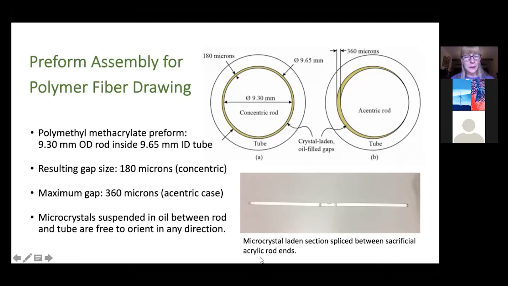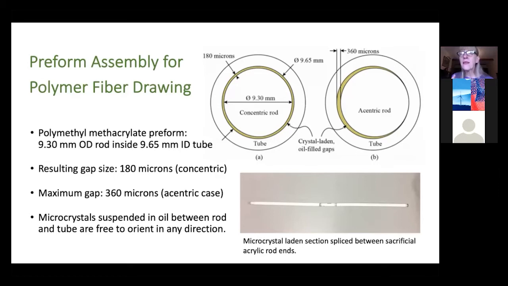So what's important to note is that with the microcrystal dimensions, which I'll show in the next slide, it turns out that these dimensions of 180 microns and 360 microns are large relative to all the dimensions of the microcrystals.